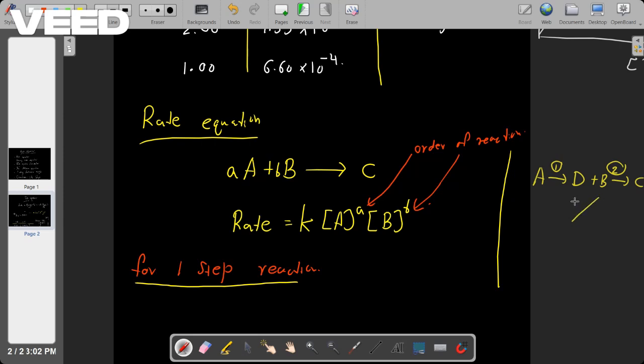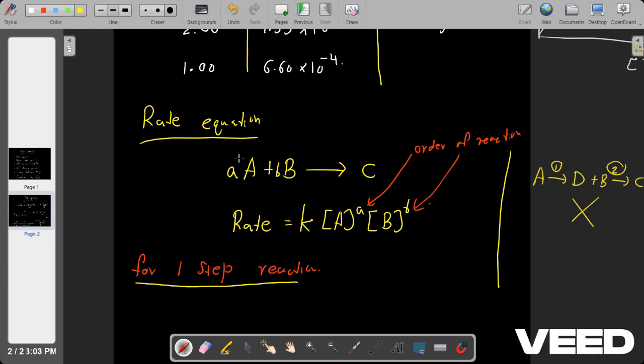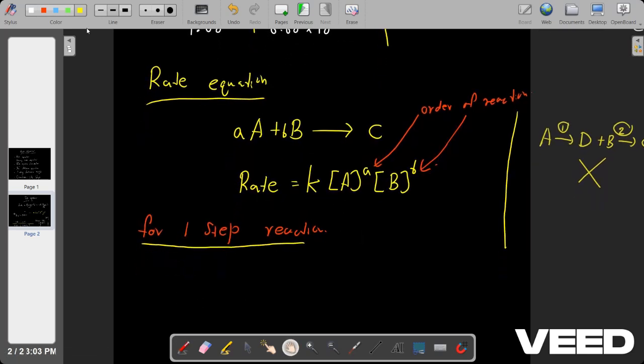For two-step or three-step reactions we can't. Until we know whether the reaction is happening in one step, we can't make an assumption about the orders. Is it understood? Order means the exponents in this rate equation.